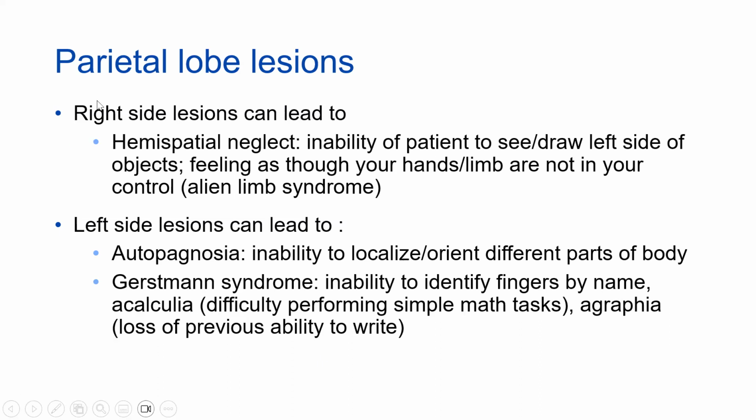So here you don't necessarily need to know right versus left side, but just in general that these patients can experience hemispatial neglect, alien limb syndrome, issues with sensory processing, and Gerstmann syndrome.